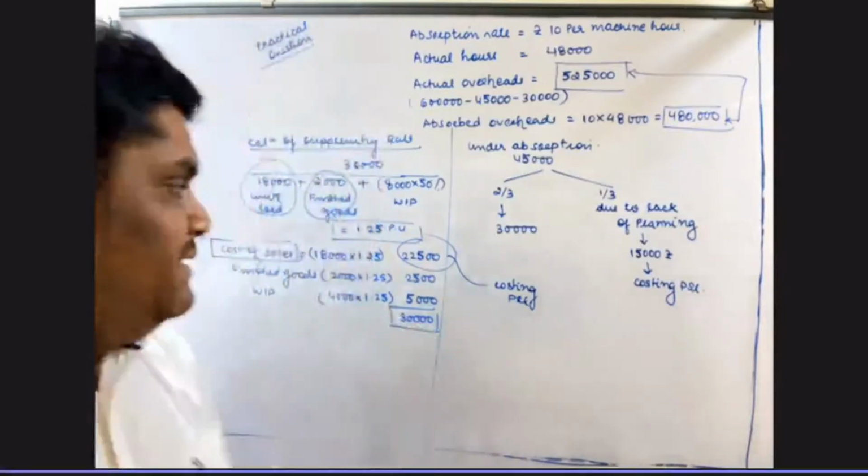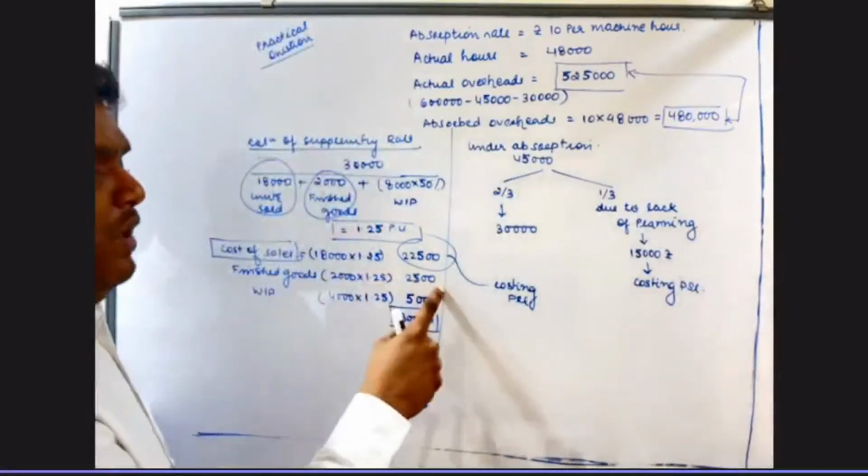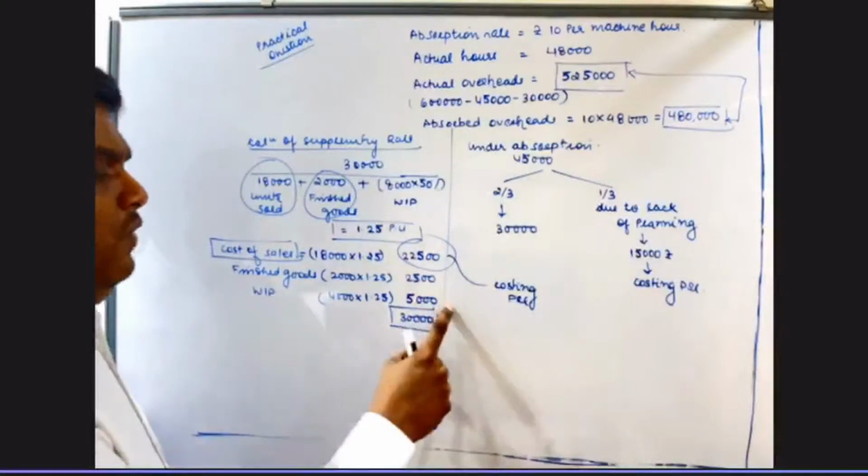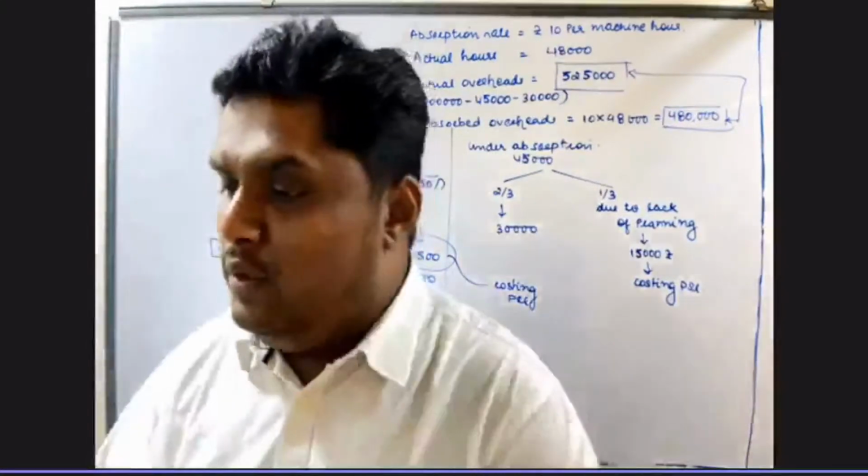This amount will be added to the cost of finished goods and this amount will be added to the cost of work in progress.